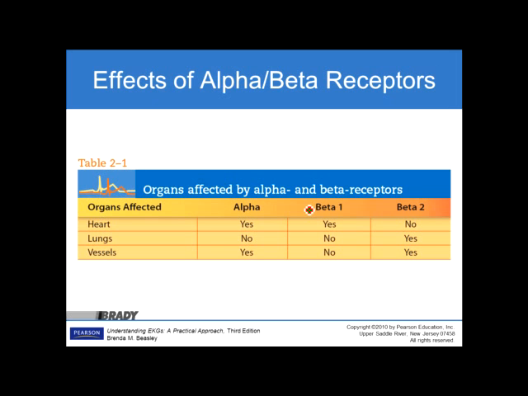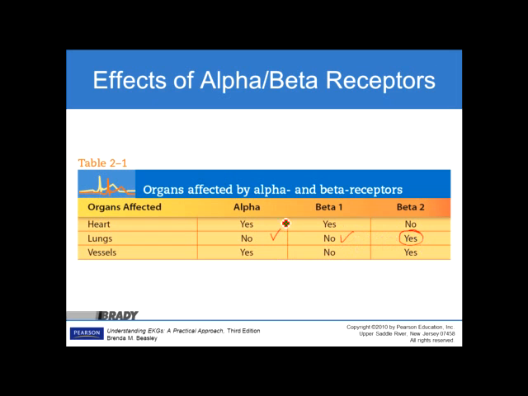Organs affected: the heart. Is the heart affected by alphas? Yes. Are they affected by betas? Beta-1, yes. Beta-2, no. The lungs. Do they have any receptor sites on them as far as alphas go? If you'll look at this, it says no. The lungs have no beta-1, but they do have a beta-2.